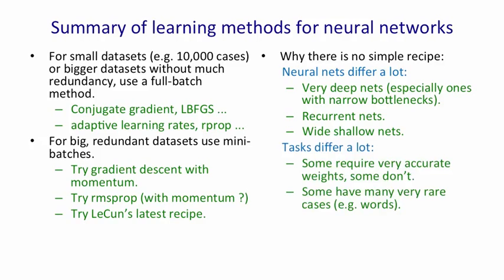The other consideration is that tasks differ a lot. Some tasks require very accurate weights. Some tasks don't require weights to be very accurate at all. Also, there are some tasks that have weird properties. Like if your inputs are words, rare words may only occur in one case in 100,000.